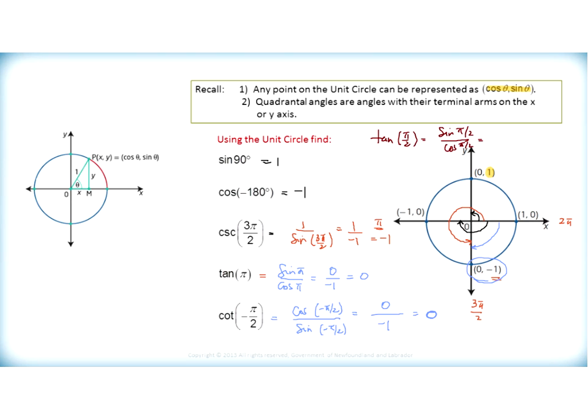I'll have a look at this example because it's a special case here. The sine of pi over 2, if we look at this point, there's pi over 2 right here. Sine is 1, cosine is 0. Because 1 divided by 0 is undefined, we say that the tan of pi over 2 is also undefined. So there's an example of one that's actually undefined. Most of these answers for quadrantal angles will be either 1, -1, 0, or will be undefined.